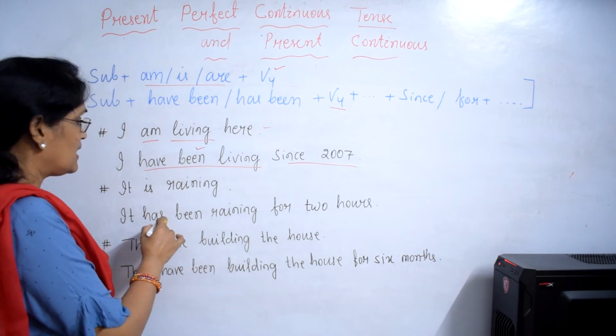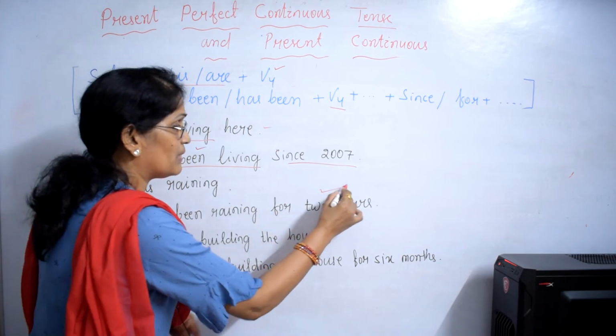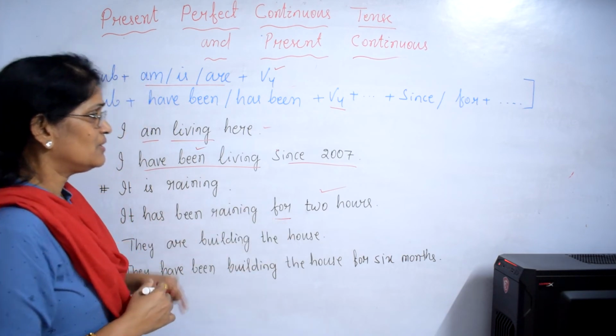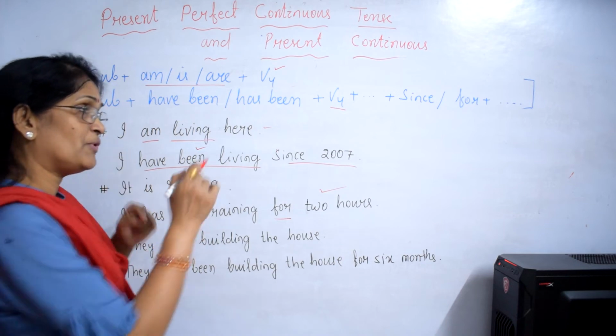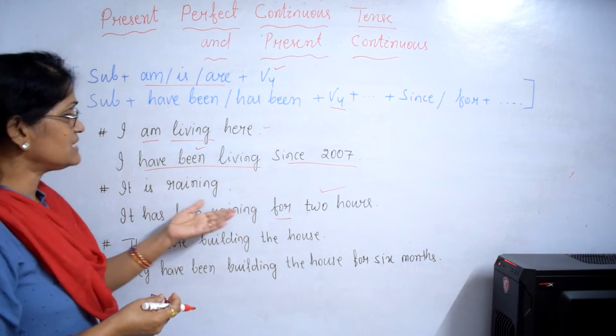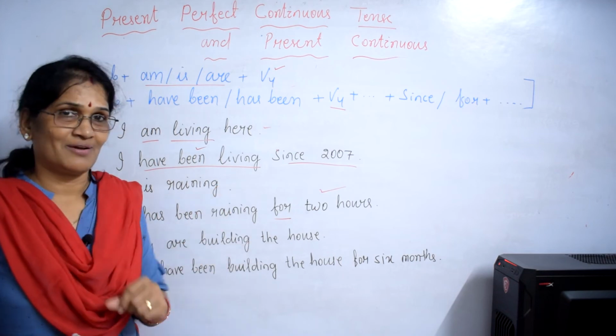There we use has been raining, and what kind of time comes? Period of time. Where you use for, there period of time is used, and where you use since, that is point of time. Also we can say it has been raining since 10 o'clock. One point of time will come there.